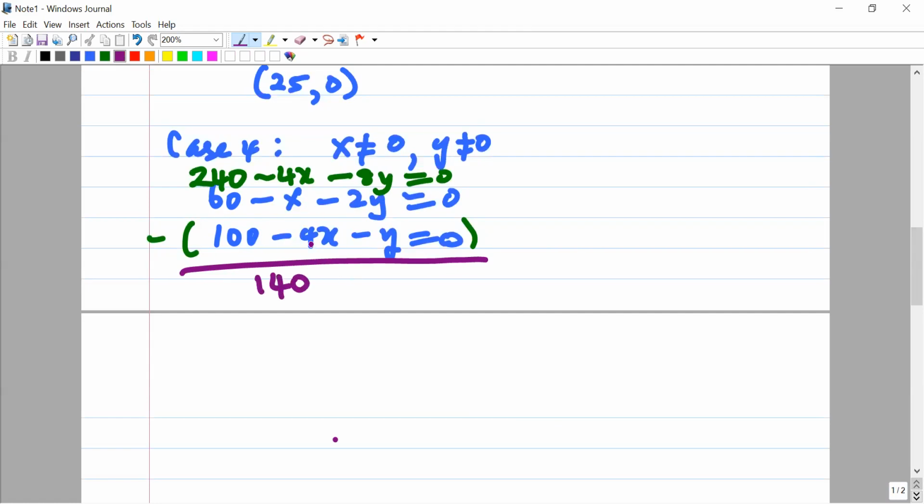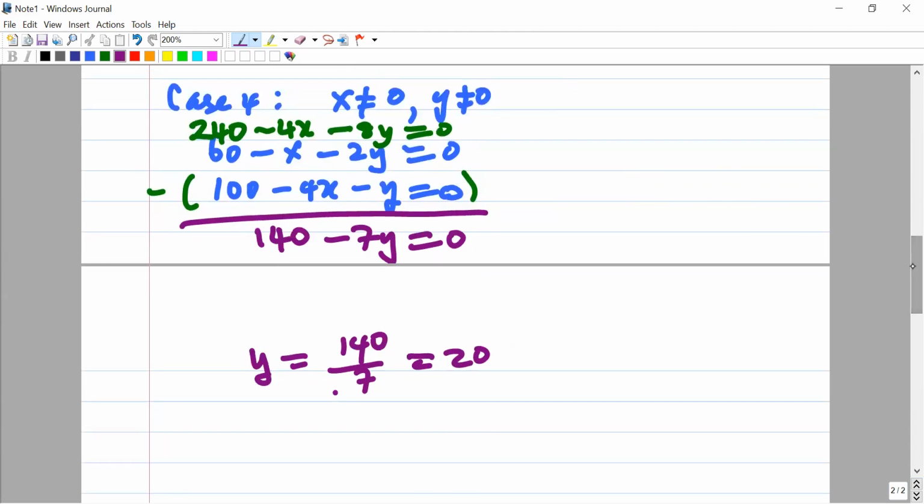And then minus 4x minus 4x, that's 0. Minus 8y minus y, that's minus 7y equals 0, which means y equals 140 over 7, which is 20.